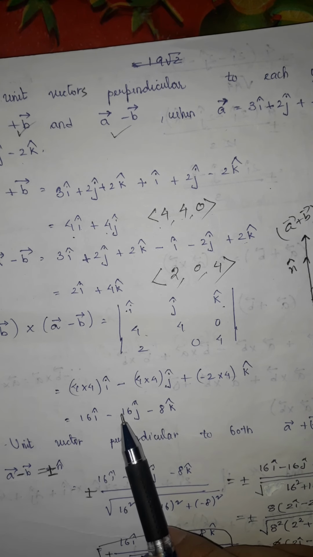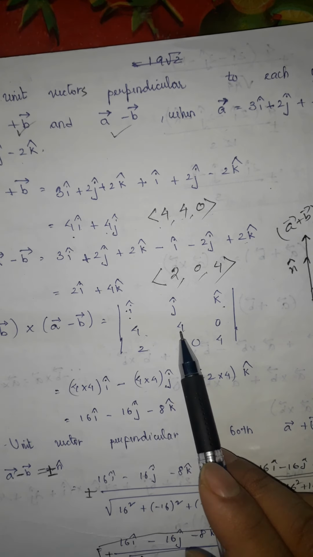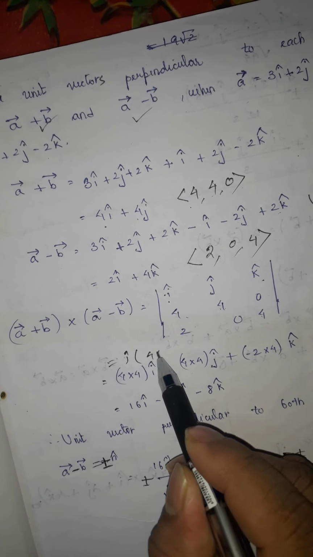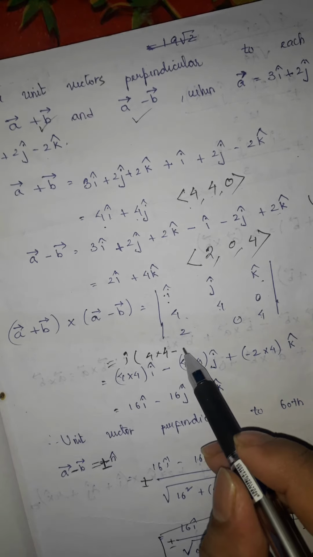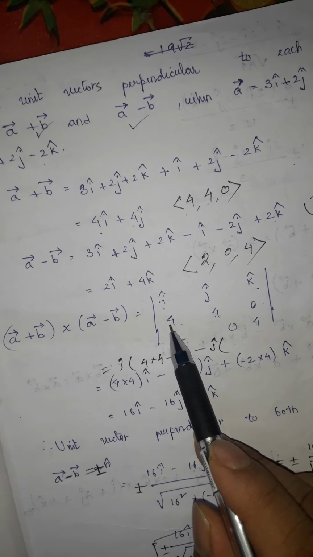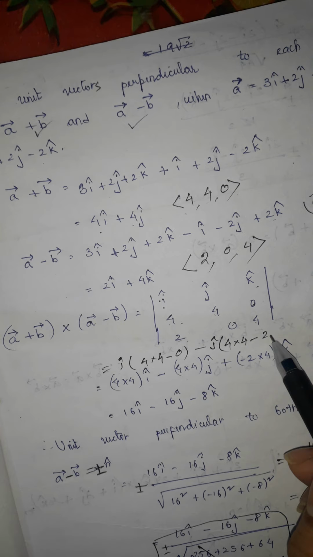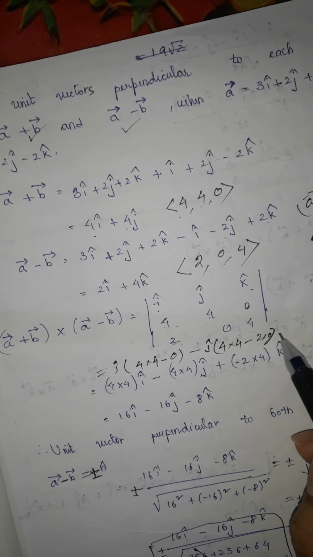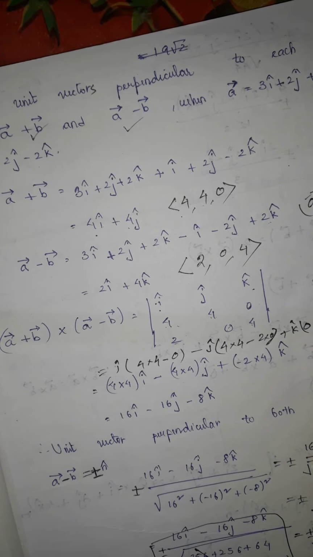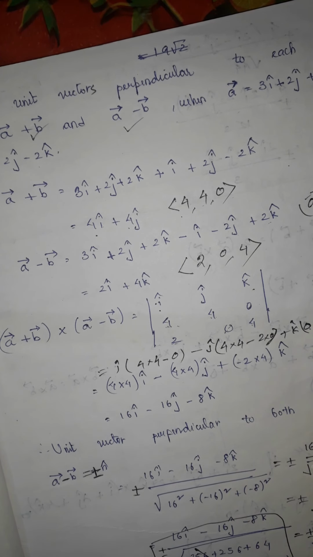Now we'll expand the determinant. i whole into 4 into 4 minus 0 into 0, minus j whole into 4 into 4 minus 2 into 0, plus k whole into 4 into 0 is 0, minus 2 into 4.